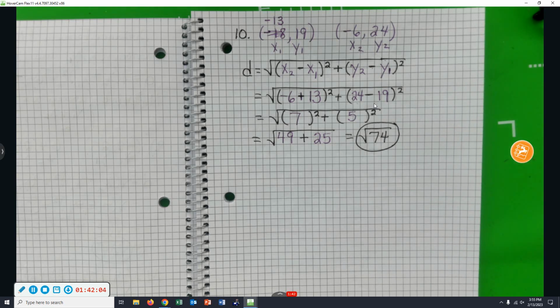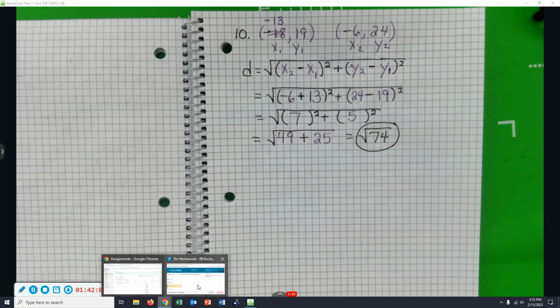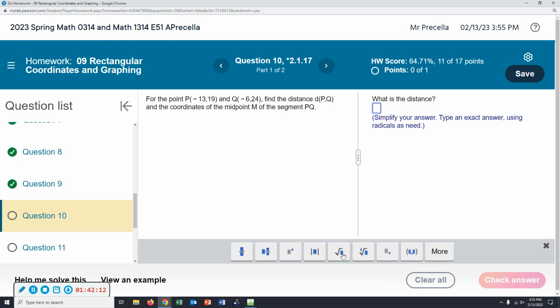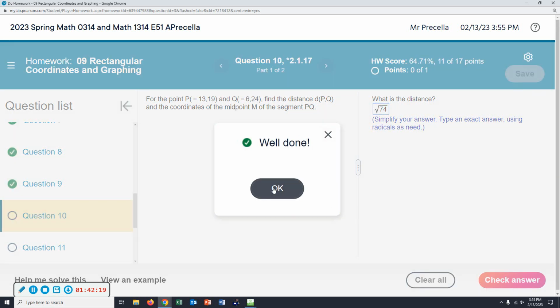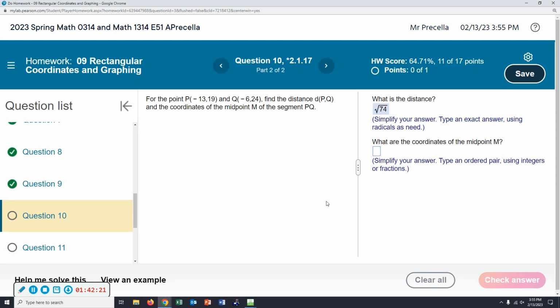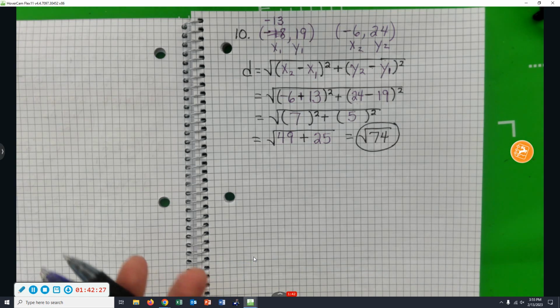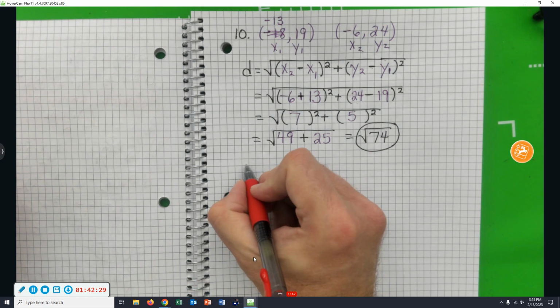Any questions on that square root of 74? We're still not finished. We have to do that midpoint stuff. Okay? What color was I using? Midpoint.